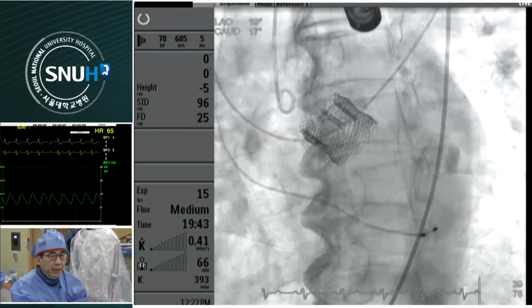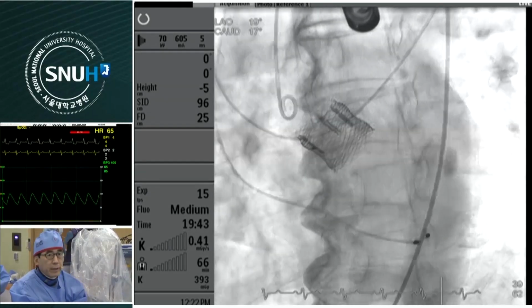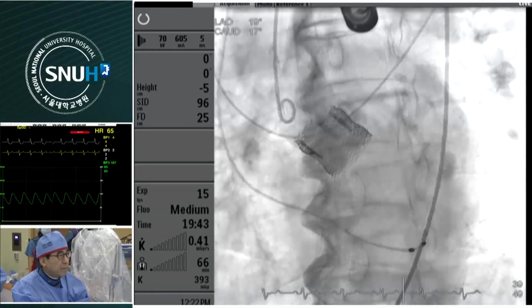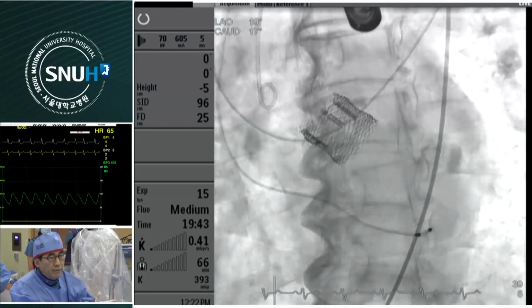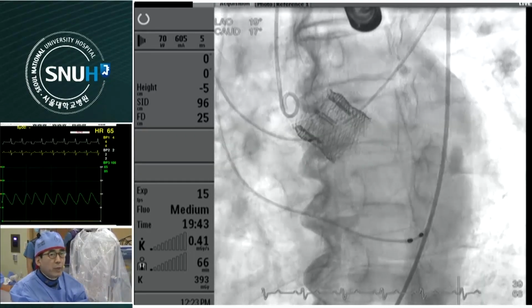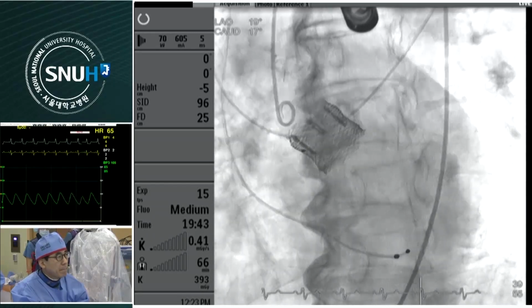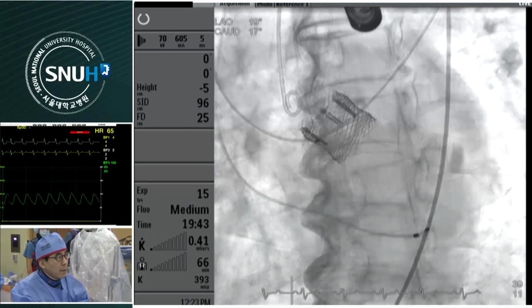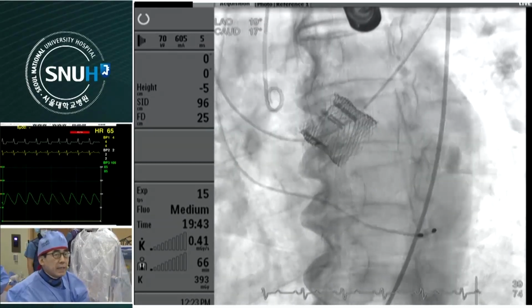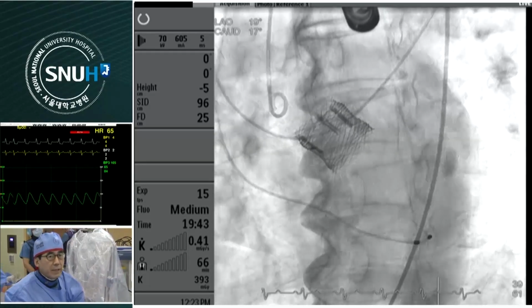If it fails, unfortunately, we can deploy another TAVI valve as a VIV strategy. Thus, even if we live longer than 10 years or even 15 years, we can manage these patients with TAVI. I think the surgical risk is no longer an indication for TAVI.